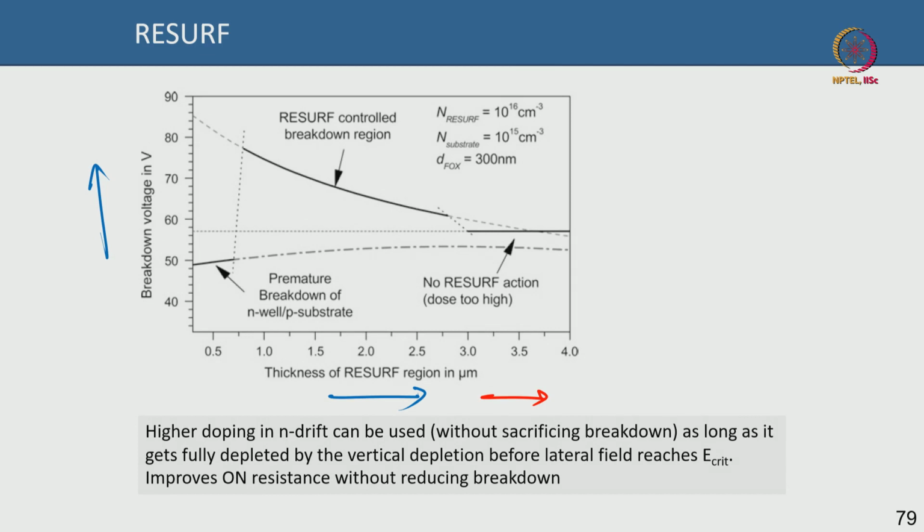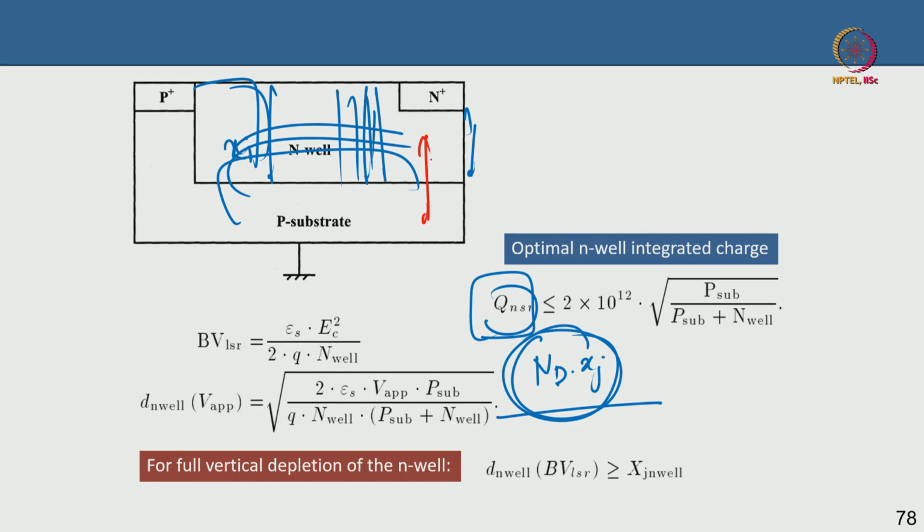You can see that the breakdown voltage without any RESURF action will be like this constant. Now with RESURF action the breakdown voltage is very high, but it keeps coming down at higher thicknesses. At very high thicknesses you will not get any advantage because the dosage is too high, either the doping is too high or the junction is too deep, such that the vertical depletion is not able to fully deplete it before the lateral breakdown happens.